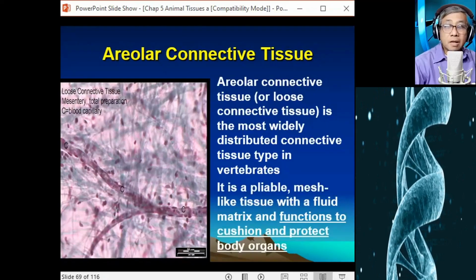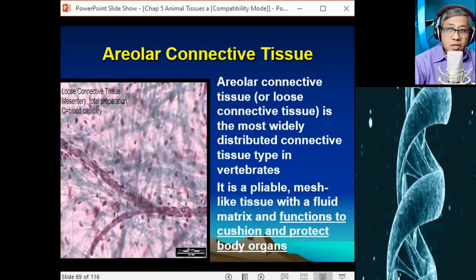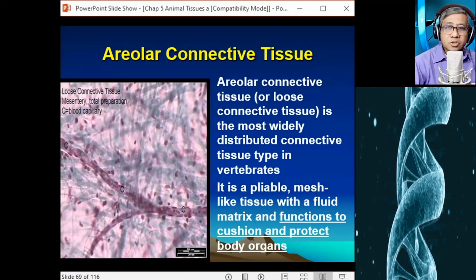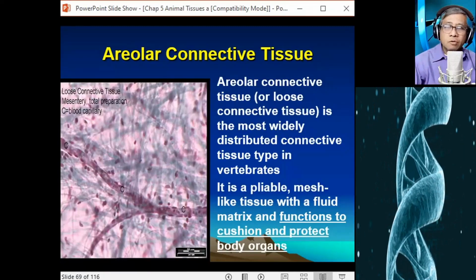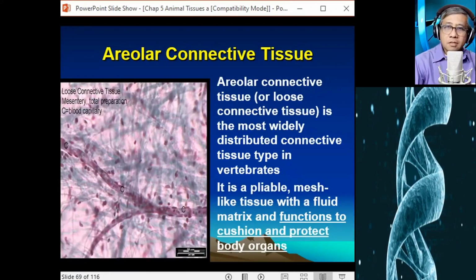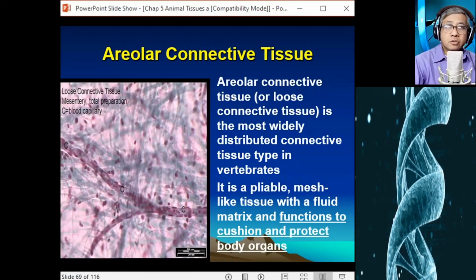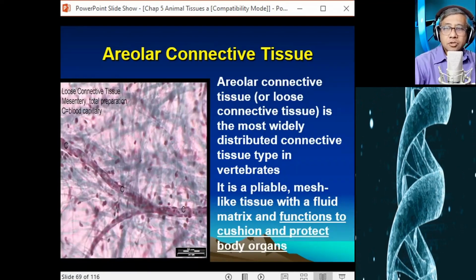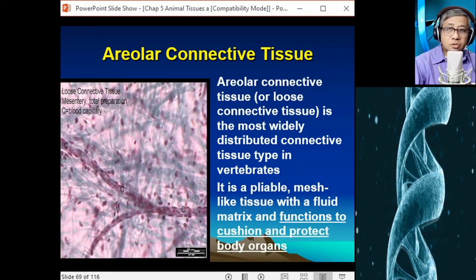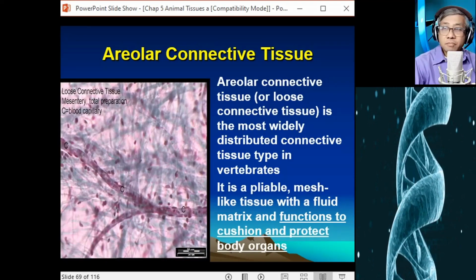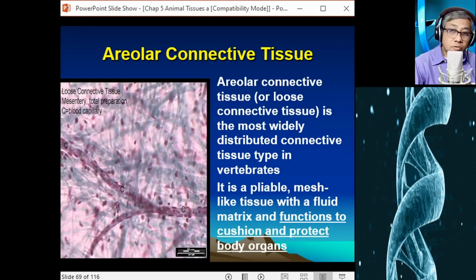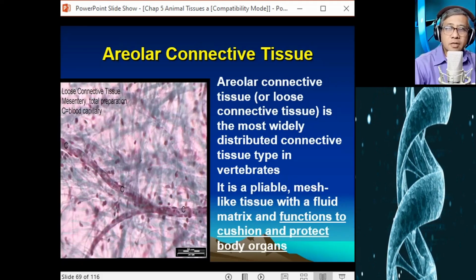It is a pliable, mesh-like tissue, so take note of that term, with a fluid matrix. And its function is again cushioning, like the white adipose tissue, to cushion and to protect body organs.